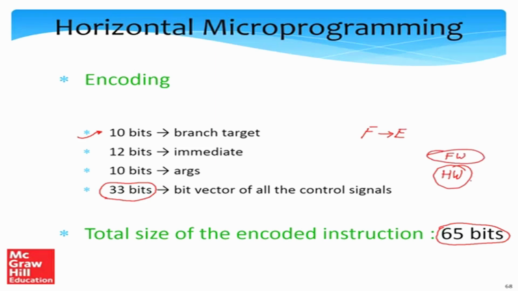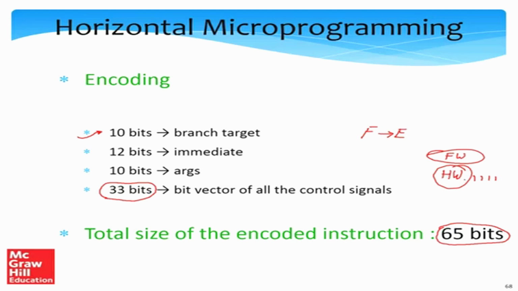Previously, we were just disclosing the names of the micro registers and so on. For vertical microprogramming, that was fine. But for horizontal microprogramming, we'll have to disclose all the control signals. And this might be too much, number one, from a security point of view. Number two, we have absolutely no flexibility in changing the design.